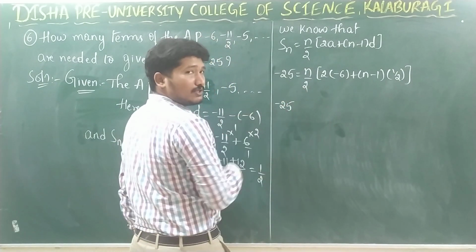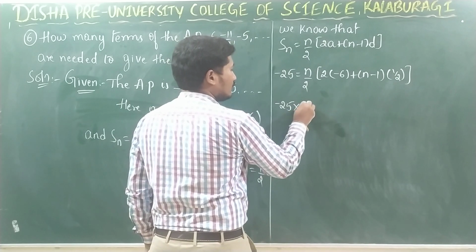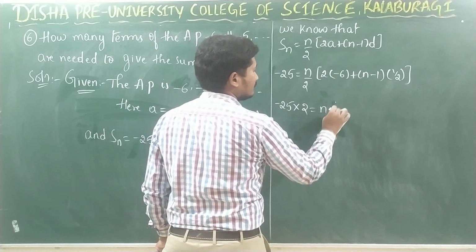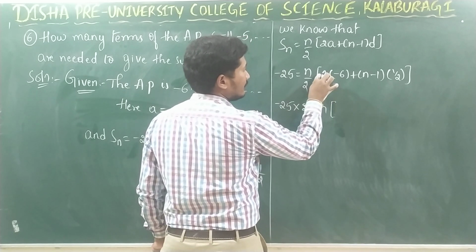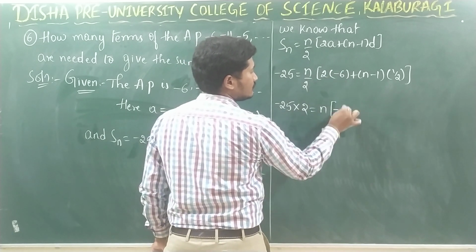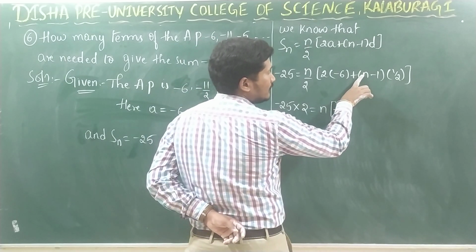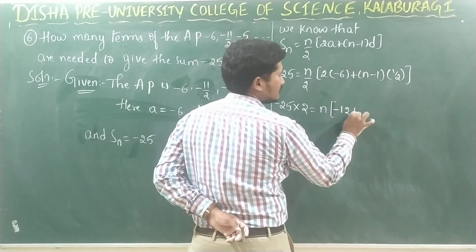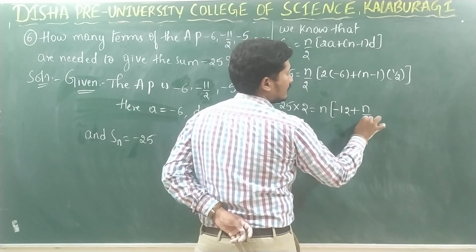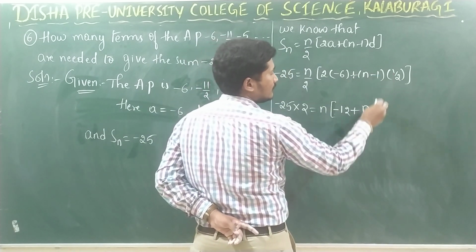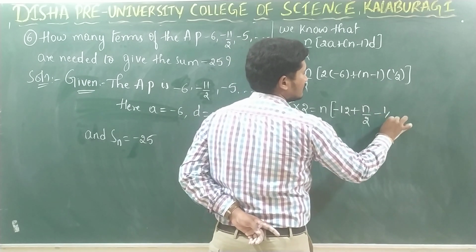So let us transfer this to the LHS. So it will come to the numerator, equal to n into 2 into, plus into minus is minus, 2 into 6 is 12, right? Plus into plus is plus, n into 1 by 2 is n by 2. Am I right? Plus into minus is minus, minus into plus is minus, 1 into 1 by 2 is 1 by 2.